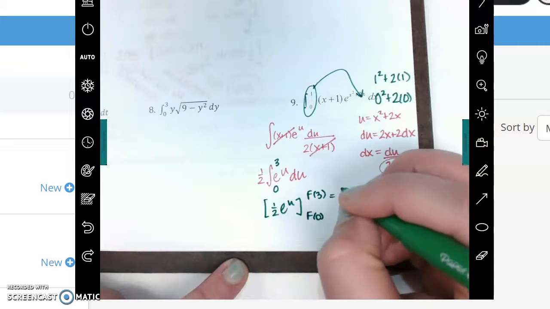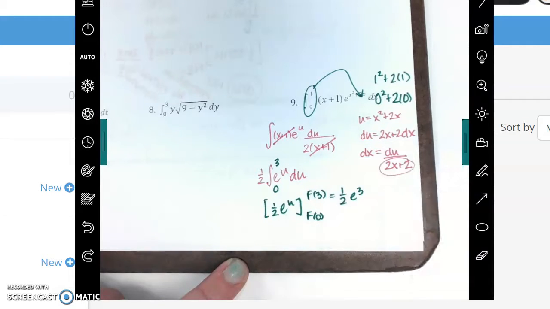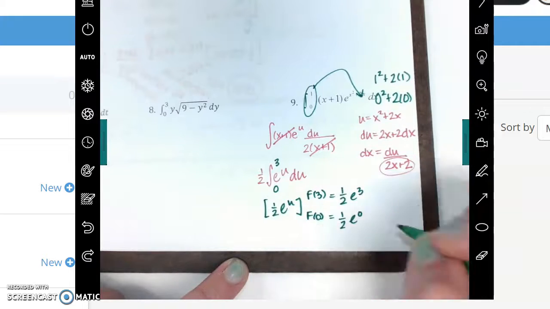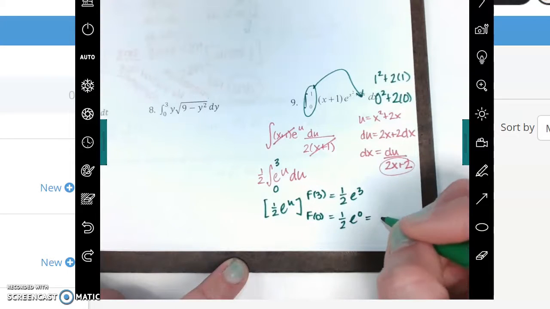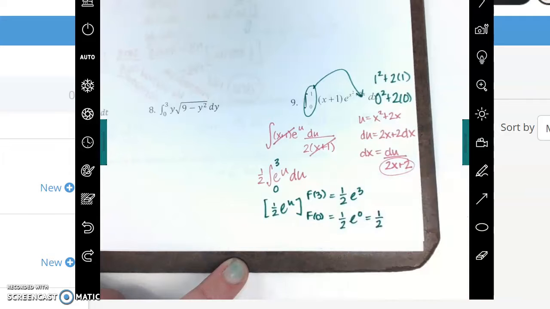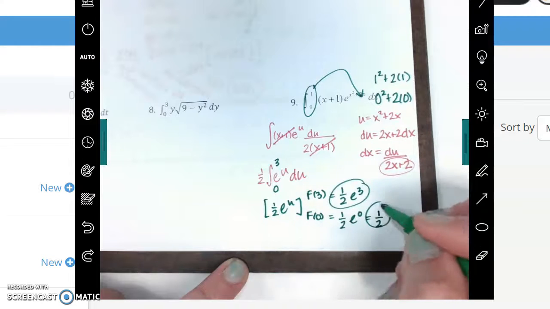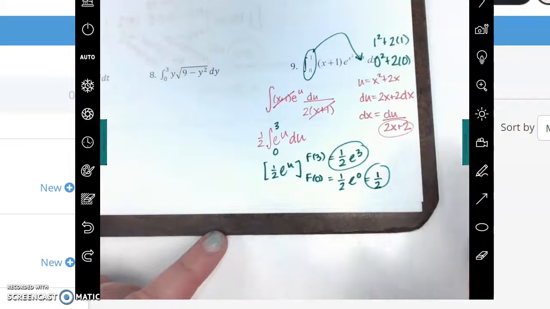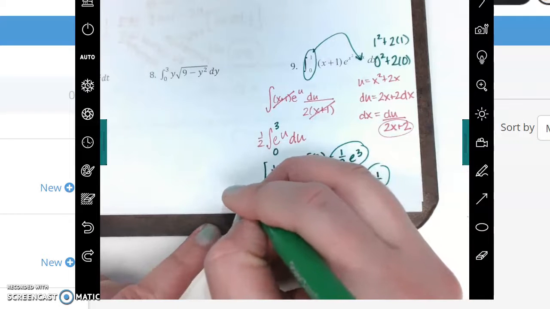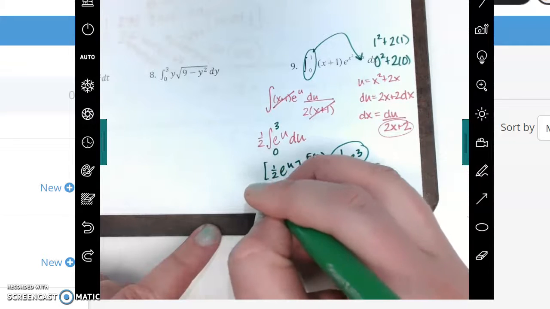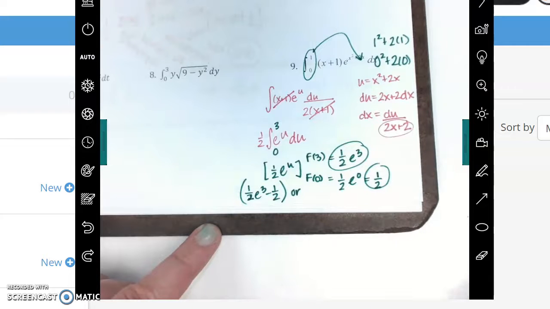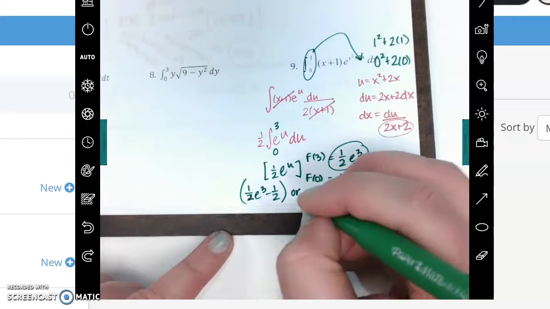Plug in 3 first, you have a half e cubed. Plug in 0 second, you have a half e to the 0, which is the same as 1/2. What is e to the 0 really? Just a 1. And then if I were to subtract those, I'm going to do it both ways. Okay, a half e cubed minus a half is fine. Or, if I take the half out, what would be left?